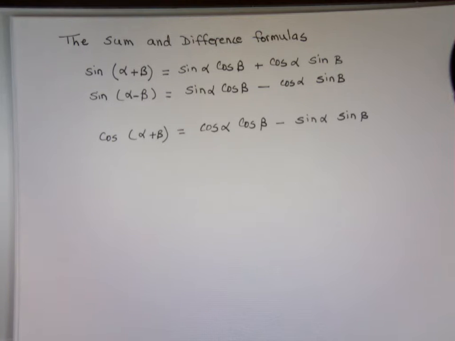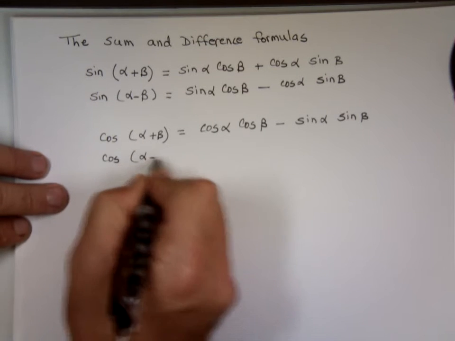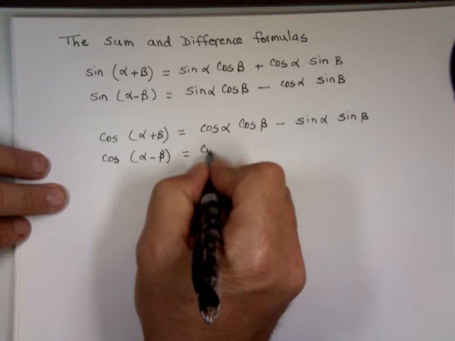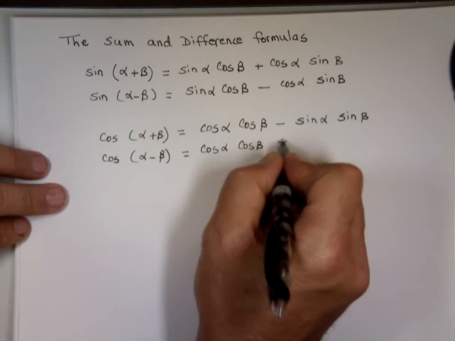That's pretty notes too. And cosine of alpha minus beta equals what? Cosine alpha, cosine beta plus sine alpha sine beta.